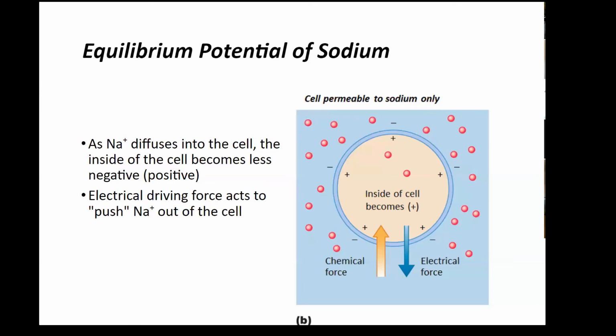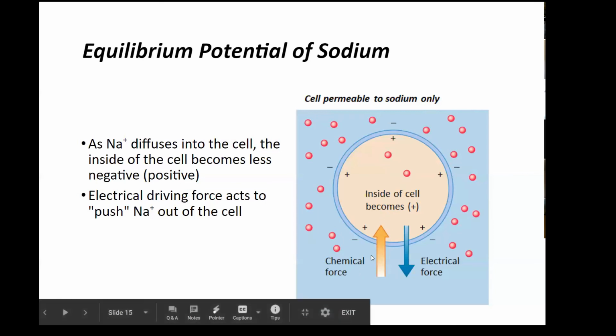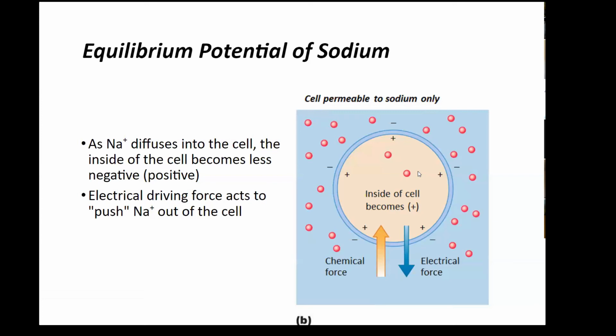As we move positive charges in, the cell becomes more and more positive. This means it's going to get harder to pull positively charged sodium ions in, because that positive charge is going to be repelling positively charged sodium. So just like we saw the electrical force developing for the potassium to pull it against its chemical driving force, we see the same sort of thing happening with the sodium.